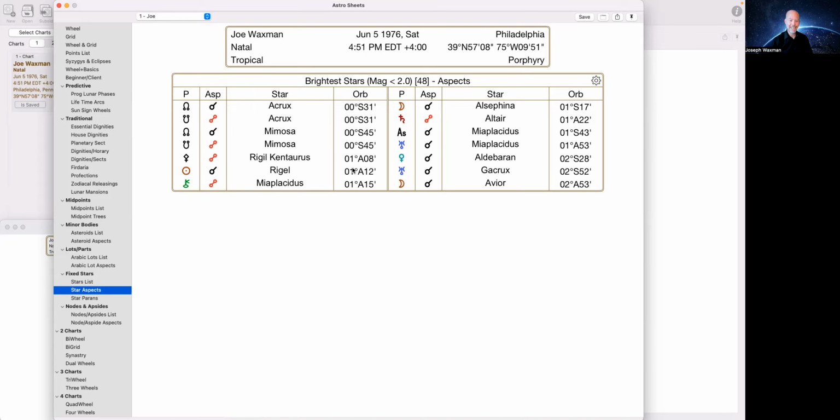Other times, Rigel, I heard, is a star of fortune. I do not have that, quite the opposite. I have no money. Let's put it that way. It's really bad. But if you want to look at the stars, I don't know why Mercury is not coming up here, but it is conjunct Algol. And so there's that.